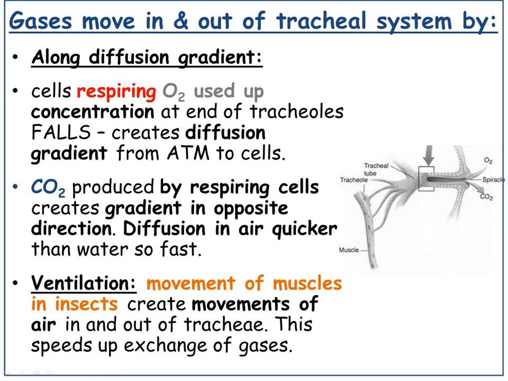So oxygen is going to travel down its concentration gradient into the muscle tissue. On the other hand, respiring tissues produce carbon dioxide. So there's going to be a high concentration of carbon dioxide in a tracheole and a lower concentration in the atmosphere. So the carbon dioxide is going to diffuse down its concentration gradient out of the tracheal system.